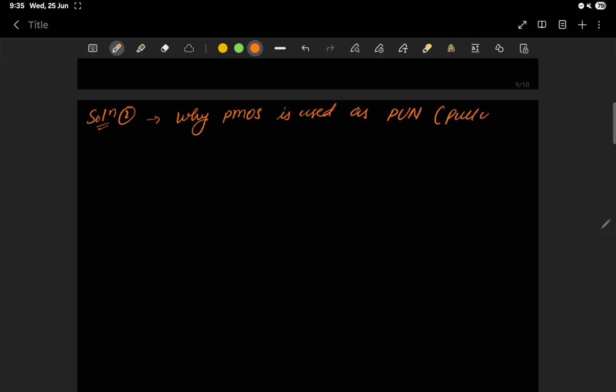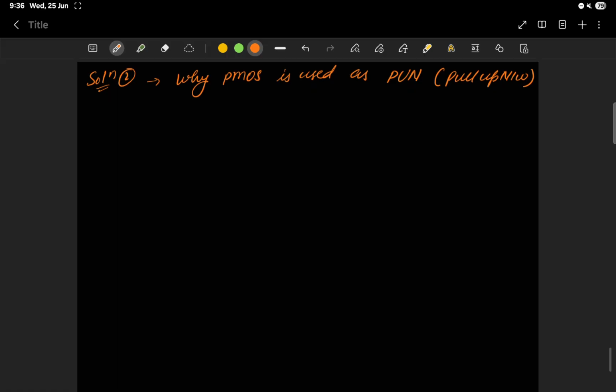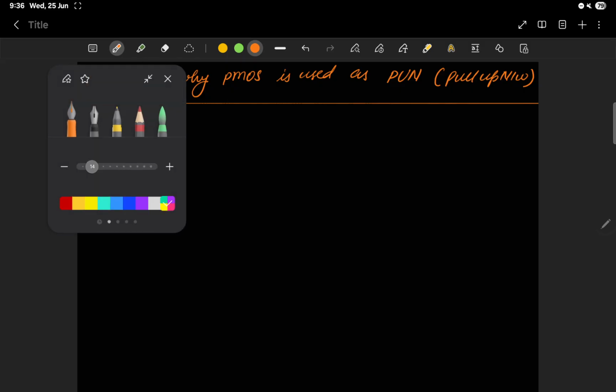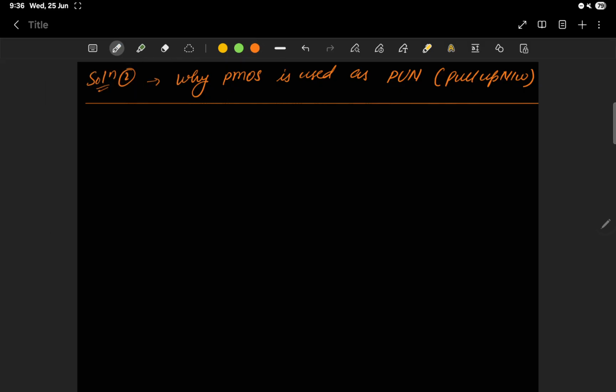PUN is the pull-up network, you already know. To answer this, let's make a structure and be very clear on how to do this. So I'm just making a construction for PMOS.